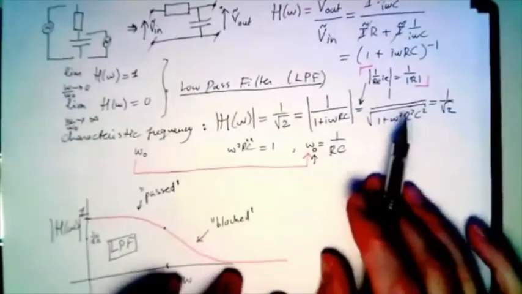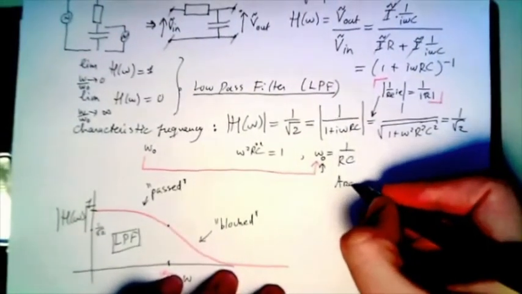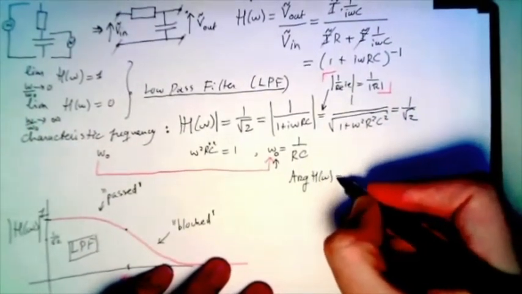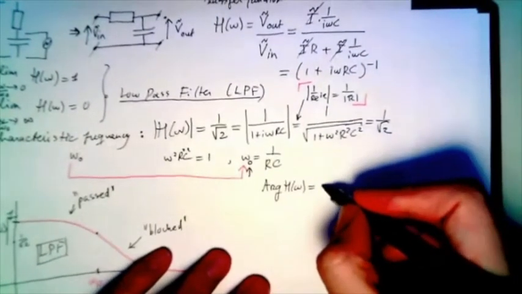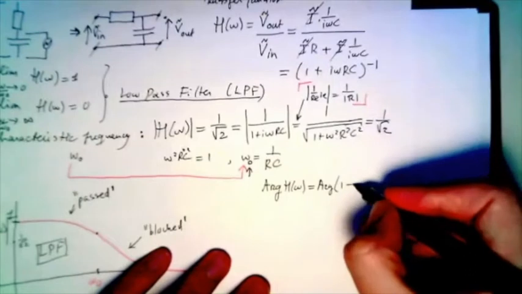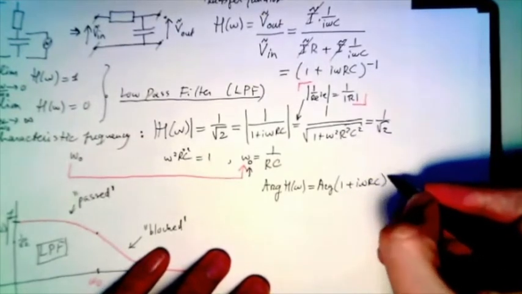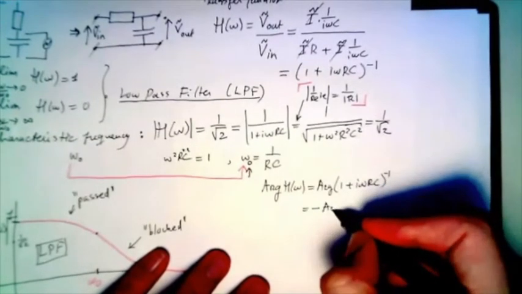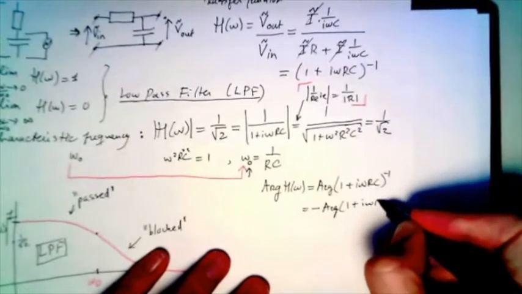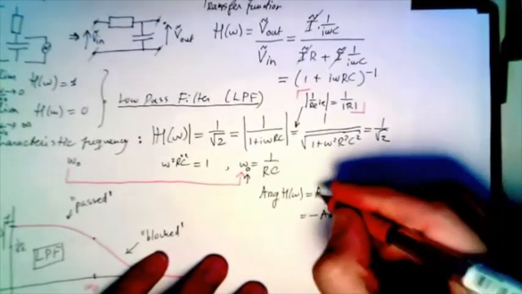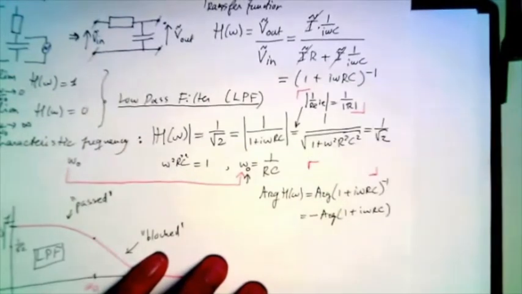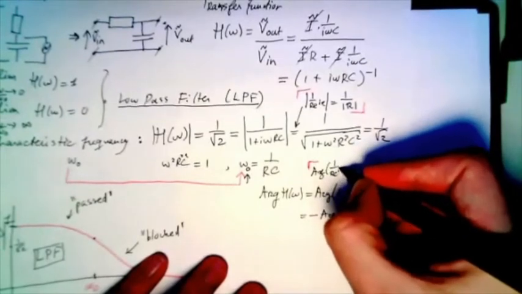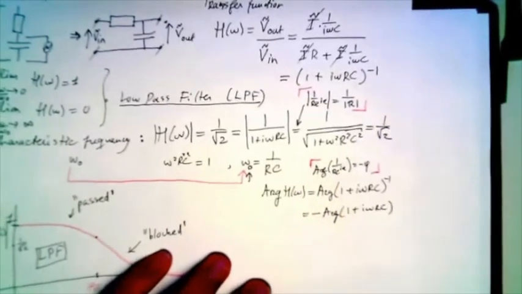Now, the argument. So the phase difference is also important. The argument of H is the argument of 1 plus I omega R C to the power minus 1, which is minus the argument of 1 plus I omega R C. This is using that same trick where the argument of 1 over R e^(i phi) is minus phi.